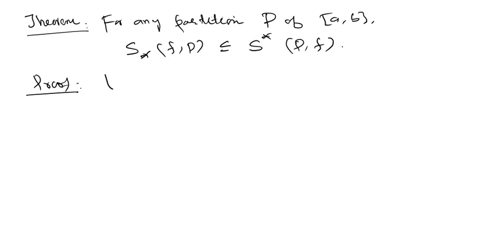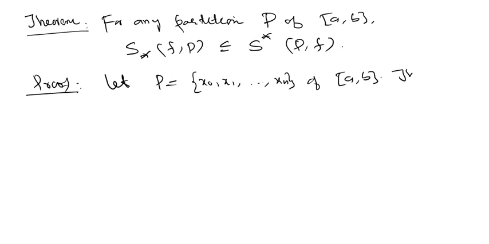So let's take a partition. Let P be a partition of [a, b]. So then, as we had defined, mi is the infimum of f on the ith subinterval, and Mi is the supremum. Okay, so mi is less than or equal to Mi always.